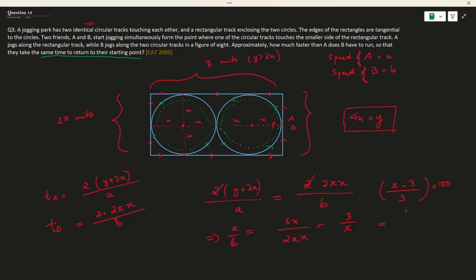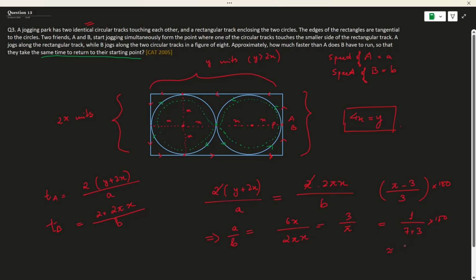So what will be the answer? Pi, I can take 22 by 7, so 22 by 7 minus 3 will give me 22 minus 21 by 7, so 1 by 7. I have a 3 into 100, and I will get 100 by 21. And 100 by 21 is approximately how much?